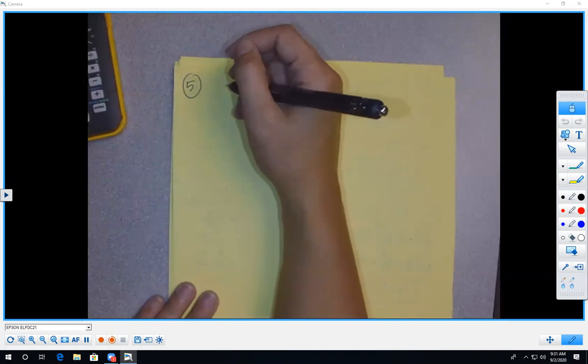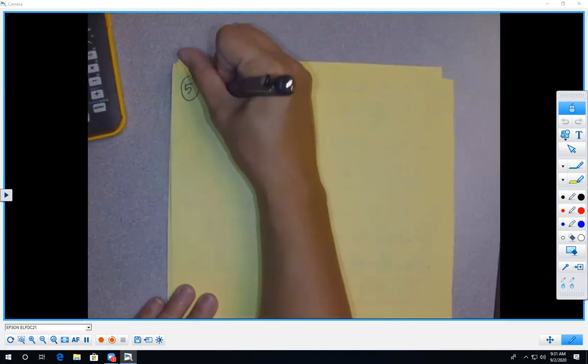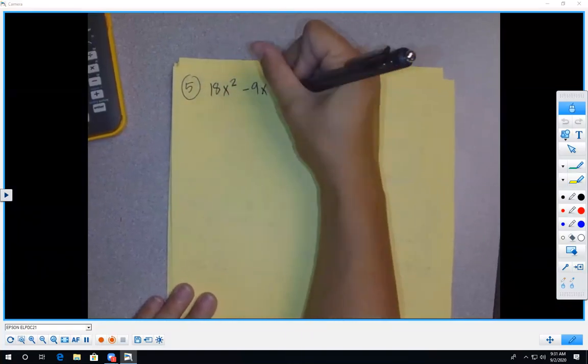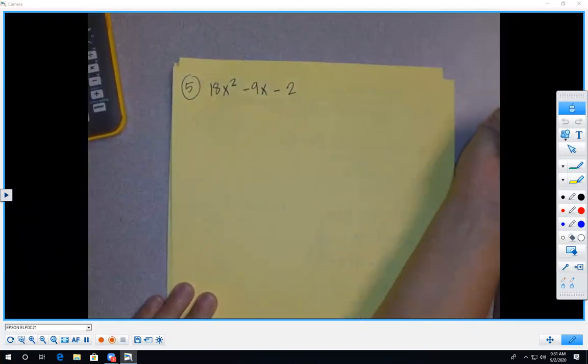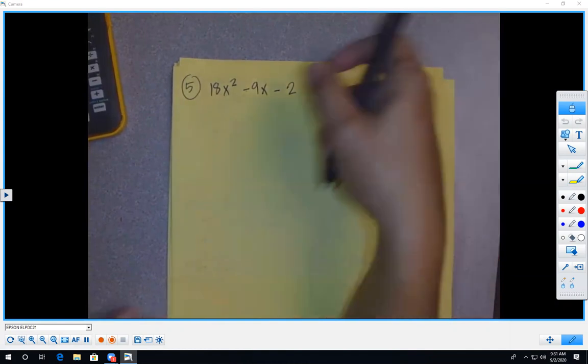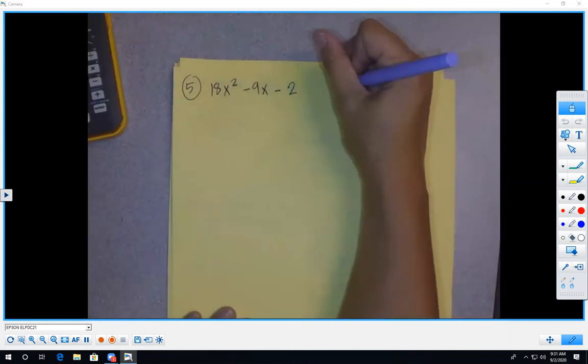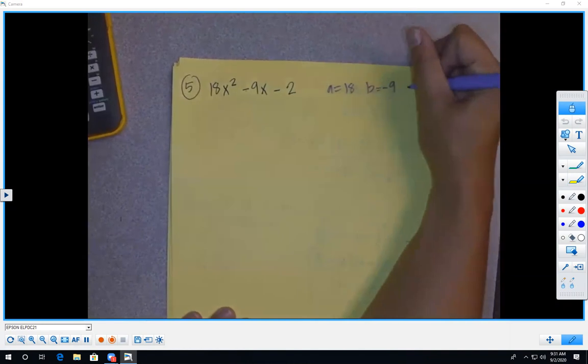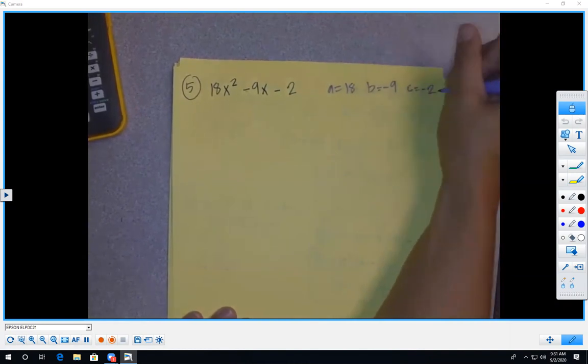Okay, so let's do the problem 18x squared minus 9x minus 2. Okay, so my A value is 18, B is negative 9, and C is negative 2.